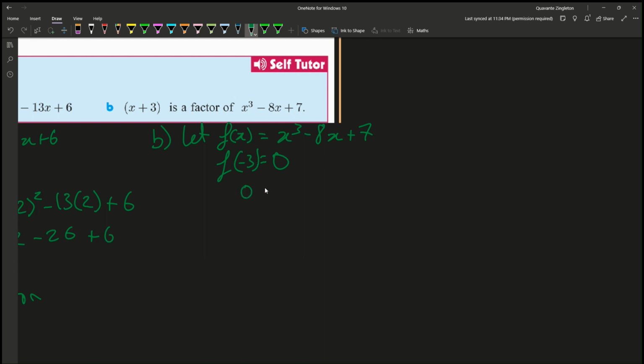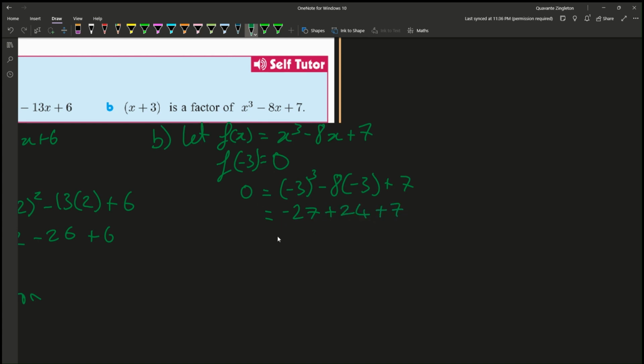So we substitute -3 into every x. So -3 cubed minus 8 times -3 plus 7. Okay, -3 cubed is -27, minus 8 times -3, so minus 24, so plus 24, plus 7.